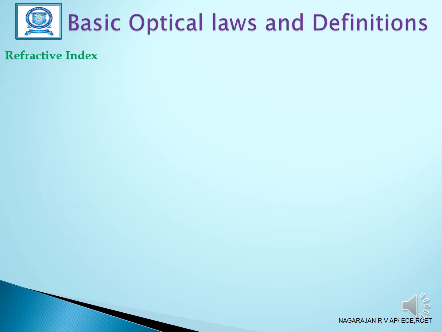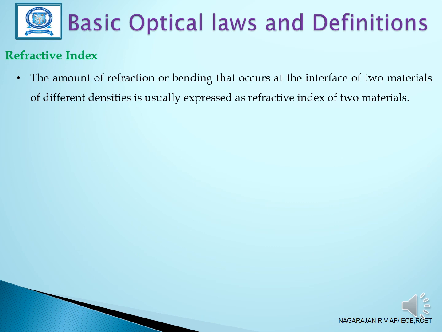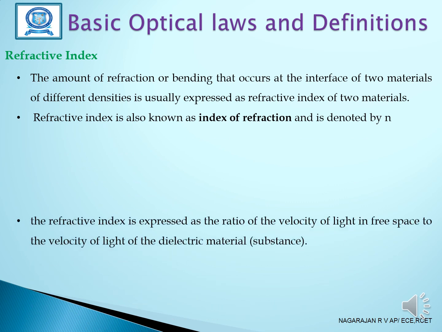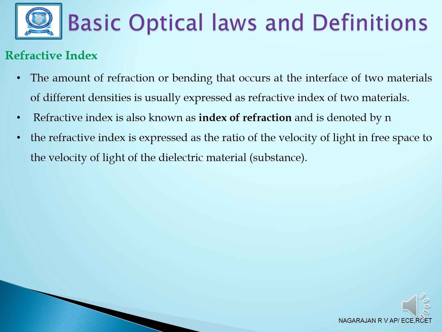Let us see the refractive index. The amount of refraction or bending that occurs at the interface of two materials of different densities is usually expressed as the refractive index of the two materials. Refractive index is also known as the index of refraction and is denoted by n. The refractive index is expressed as the ratio of the velocity of light in free space to the velocity of light in the dielectric material.